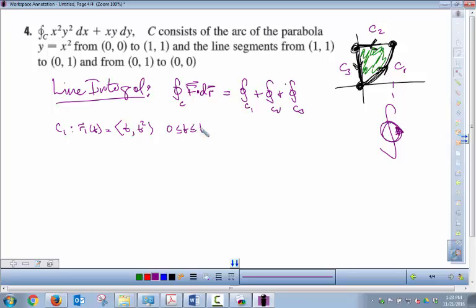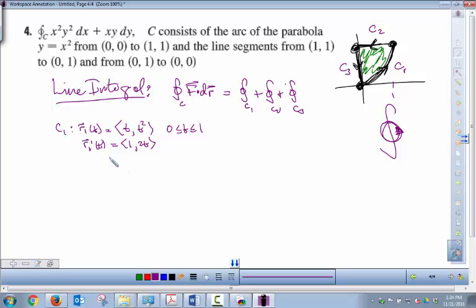Then this is your first parameterization. We can go ahead and do this line integral, but we also need the derivative. So r1 prime of t is equal to (1, 2t).